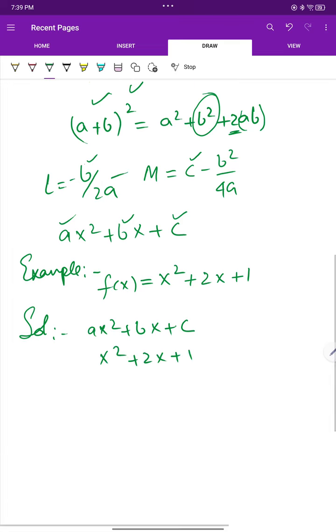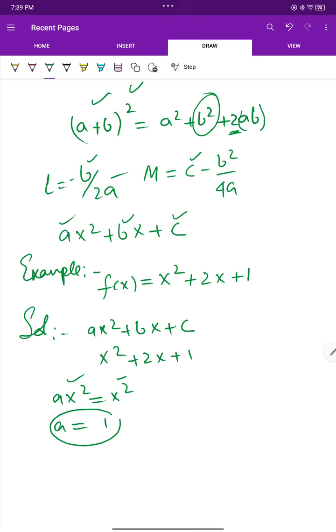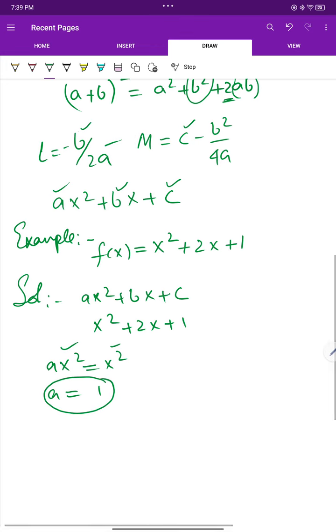So we're going to compare the coefficients. When we compare ax² with x², this is x² and this is x², so a is equal to 1. This is the first term.